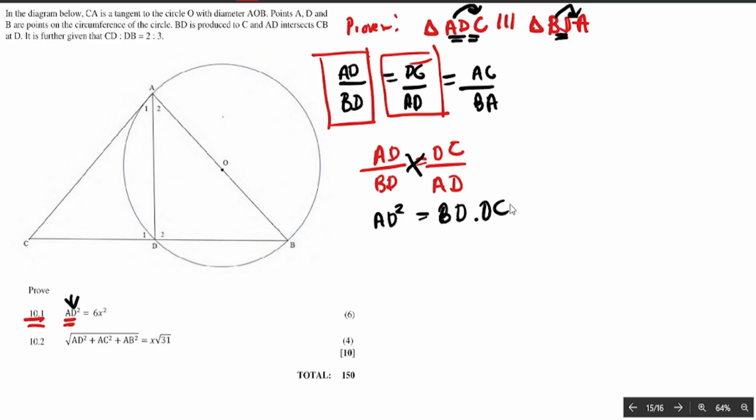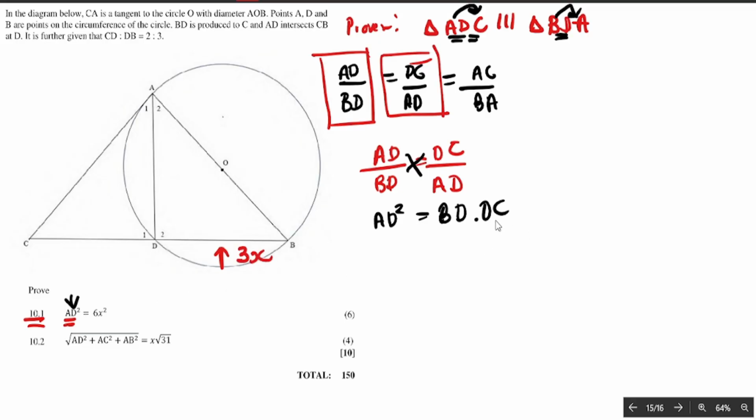Fine. So once you found this, I want you to take note of something. BD is this side here, and we were told that BD is 3x, right?